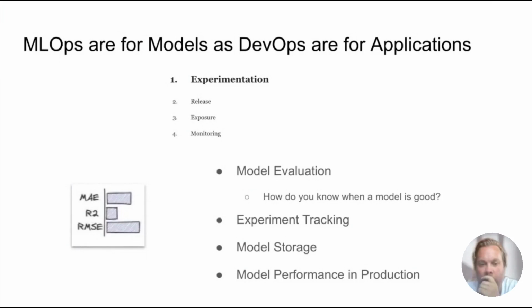When you build models, it's very important that you keep track of things. First of all, you have to have a way to evaluate your model. You have to know how it is performing, and what your criteria are for how good a model is, something you have to define.